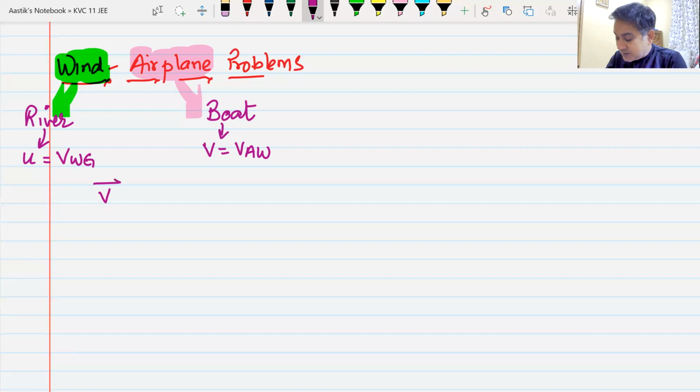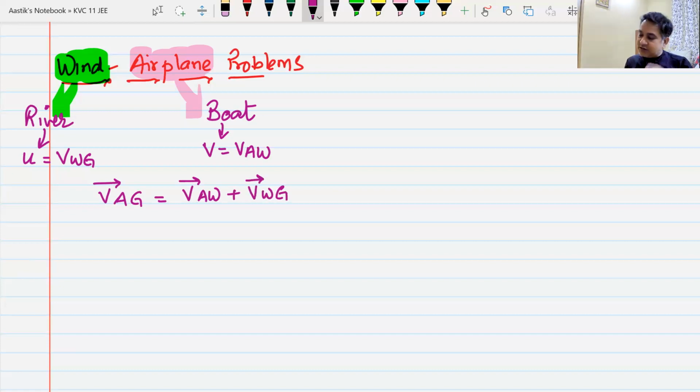So in that problem, we had found out velocity of boat with respect to ground. Here also we can find out velocity of airplane with respect to ground. And velocity of airplane with respect to ground will be velocity of airplane with respect to wind plus velocity of wind with respect to ground. Do we understand this?